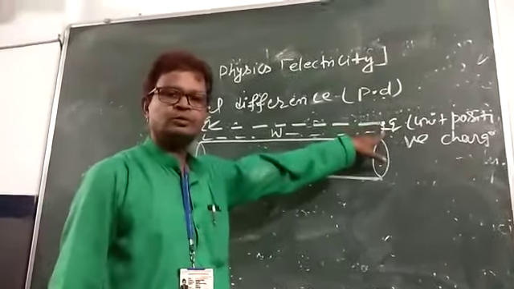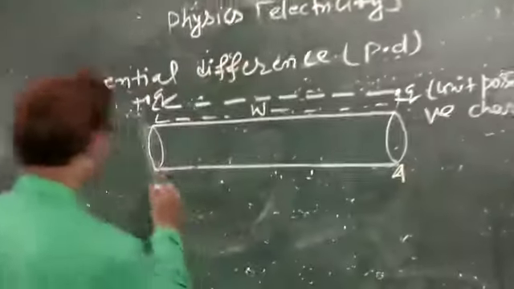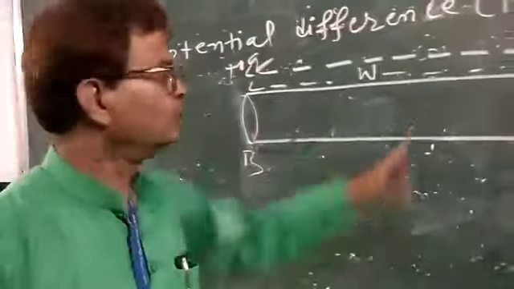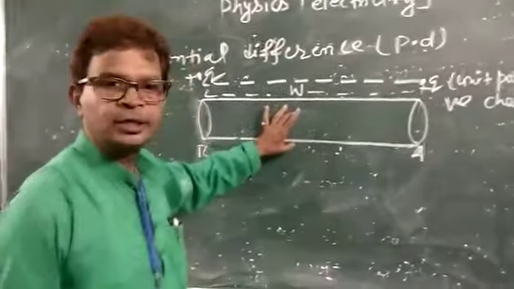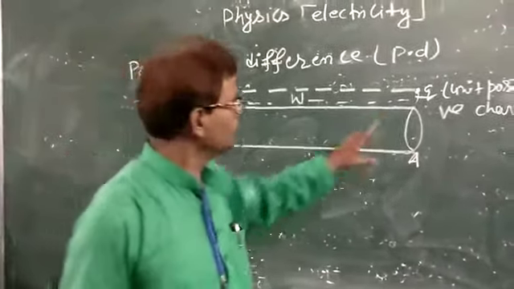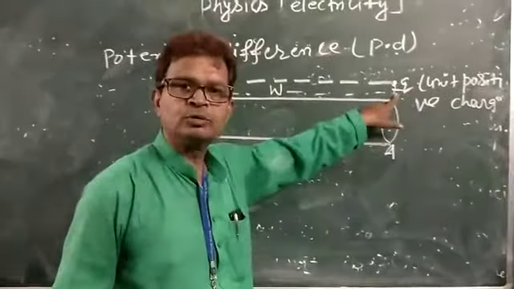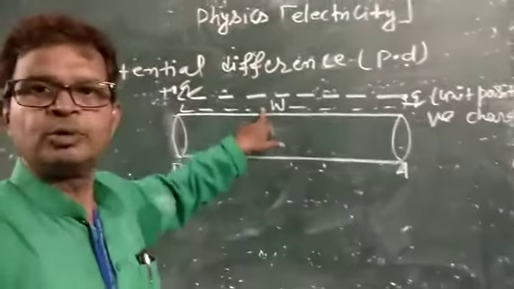Positive charge Q is brought from terminal A to terminal B, doing the work W. Just try to understand, it's a conductor, its two terminals are A and B. A unit positive charge Q is brought from A to B doing the work W.